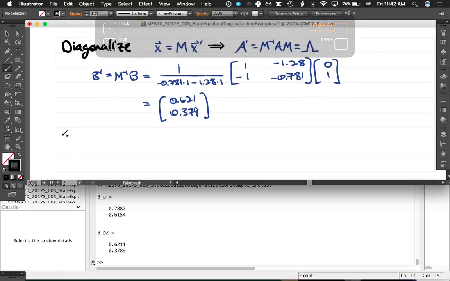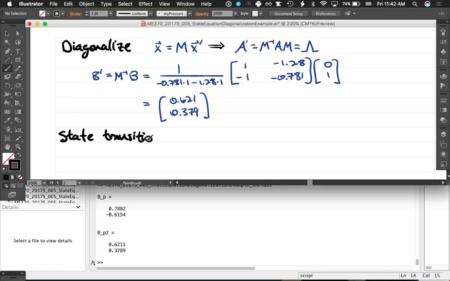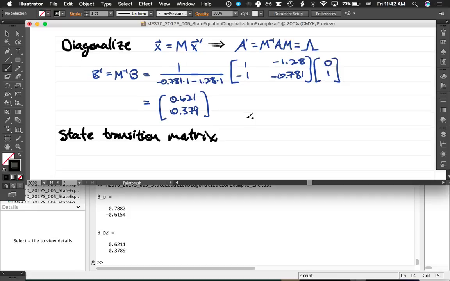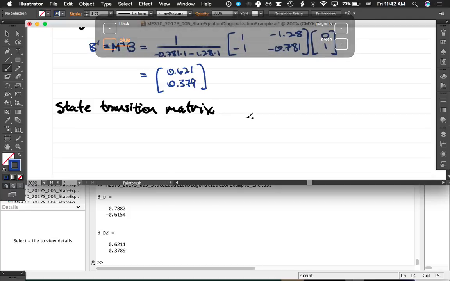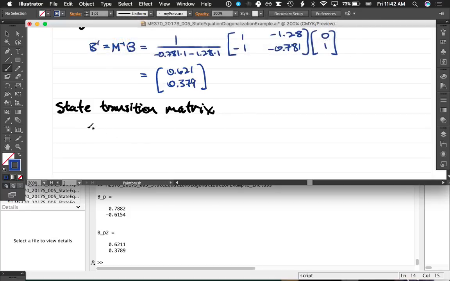All right, so if we construct the state transition matrix, we want to know in the primed coordinates what it is first, right? Because that's the one that's easy to compute. So phi prime of t is equal to, do you guys remember what it is?